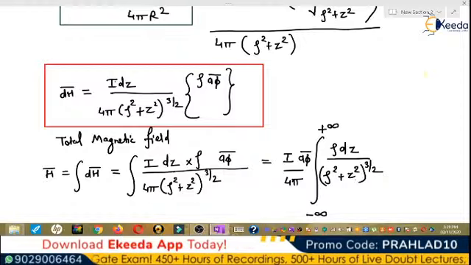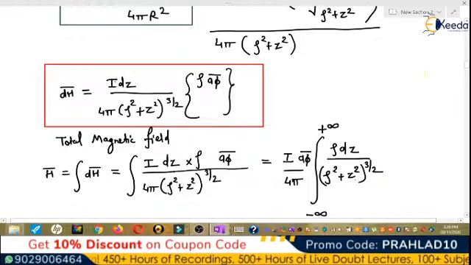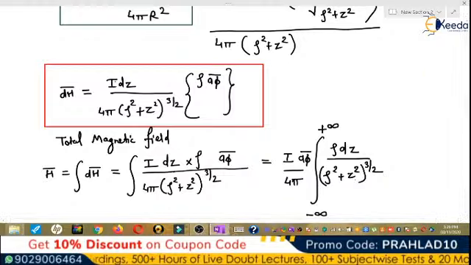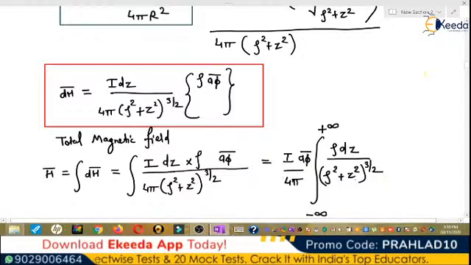So the total magnetic field H vector is the integration of dH vector, which is equal to I dz into rho a_phi by 4 pi (rho square plus z square) to the power of 3 by 2. So I by 4 pi a_phi times the integral from minus infinity to infinity of rho dz upon (rho square plus z square) to the power of 3 by 2.